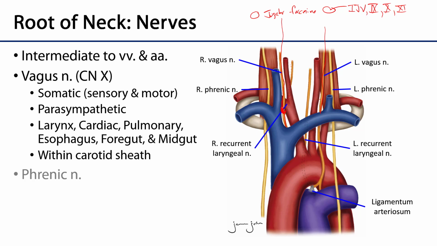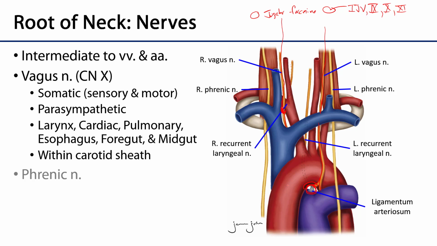On the left side, look at this. This is really cool. The left vagus nerve descends down, and this is going anterior to the arch of the aorta, where it sends the left recurrent laryngeal nerve around the concavity of the aorta in the vicinity of the ligamentum arteriosum.